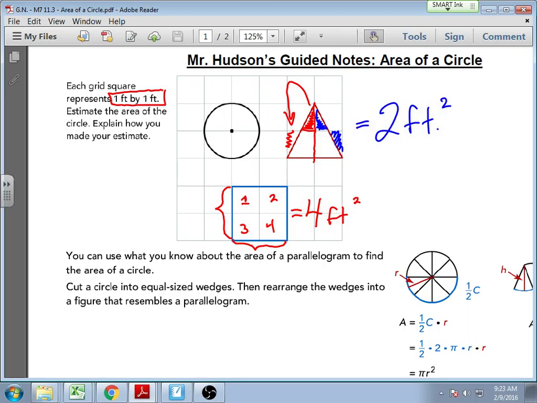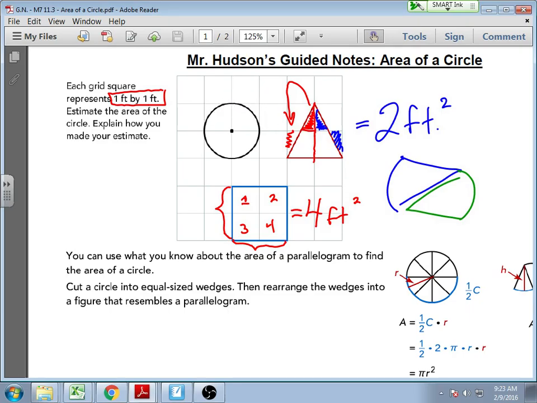Has anyone ever taken a pizza slice and instead of putting it point to point with the other slice, you turn one around and you fit them together? Oh, yeah. So we have one pizza slice kind of like this, and my other pizza slice is kind of like that. They fit together in the box better because it takes up less space. You don't lose this gap around the outsides.